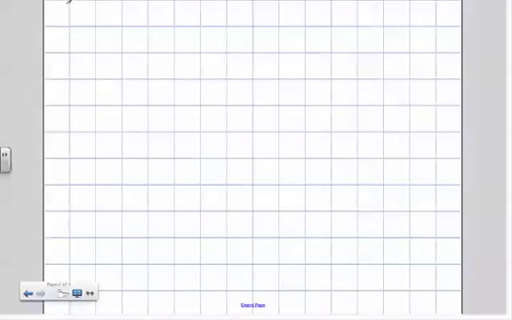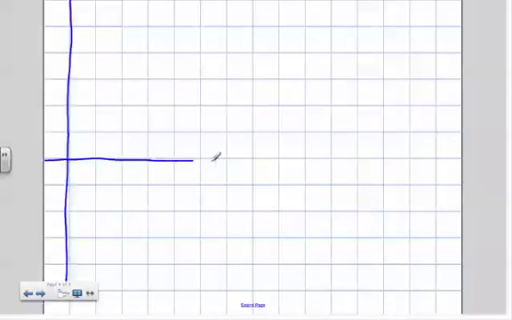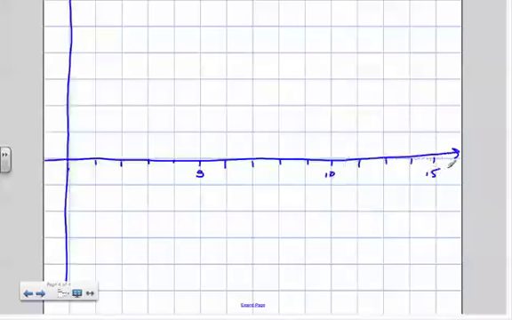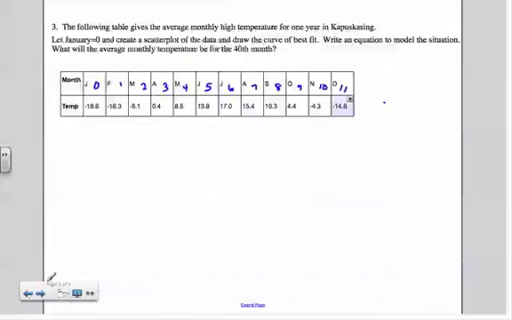So I have some graph paper, and I'm not going to need any negatives on my t-axis because t, or our time, is months, and we're not going to go back in time. So I have 0, 1, 2, 3, 4, 5, 6, 7, 8, 9, 10. So this is my X, or my months.